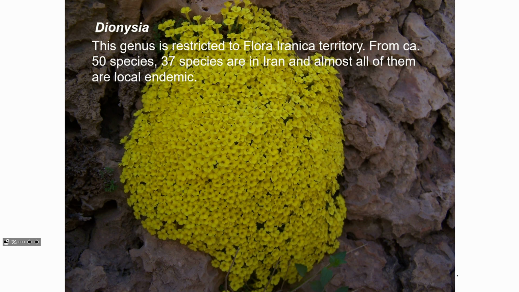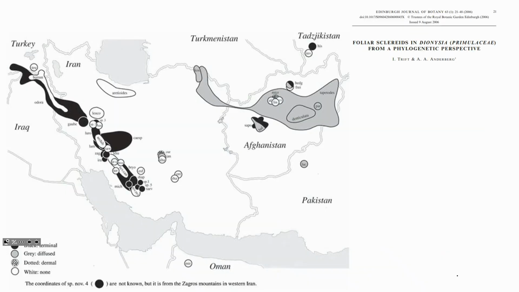Most of them are in Iranian mountains, 37. Although in Alborz there is only one species, the rest, most of them are in Zagros and a few in Kerman and Yazd. And you can see how different species of this genus are distributed, but the hotspot is Zagros, central Zagros.